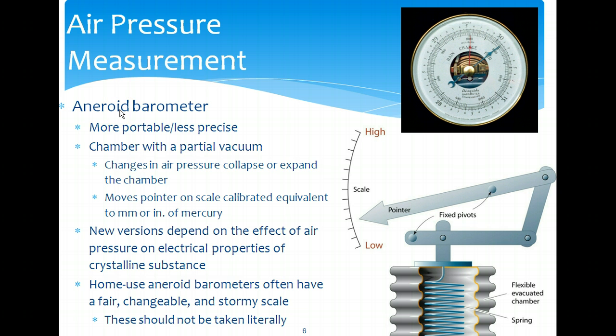Although it's more portable, it is really not as precise as a mercury barometer, which for our purposes and most purposes is not critical. You can see the design of the barometer. It's really nothing more than a series of chambers and springs with pivot points that read on a scale, and with changes in pressure there is the movement of the needle through these various points to give us some change as far as barometric pressure is concerned.